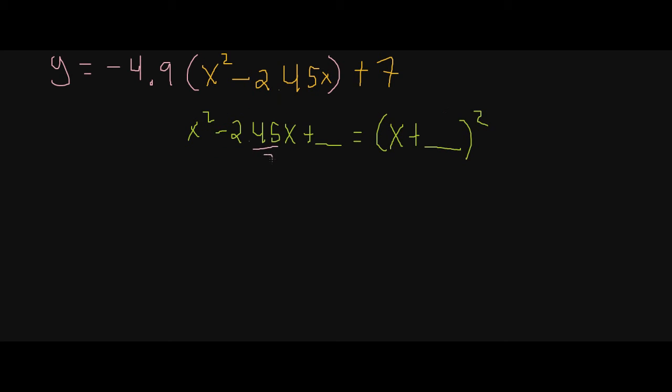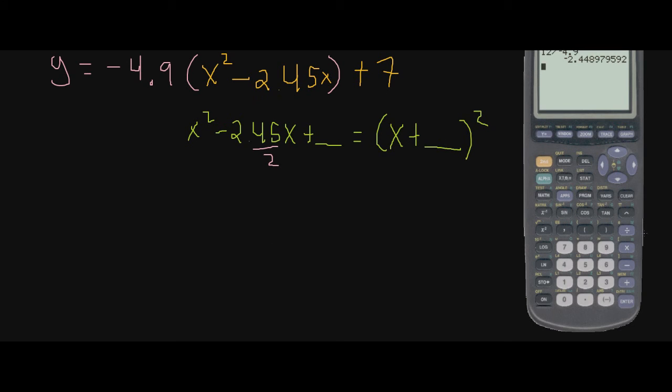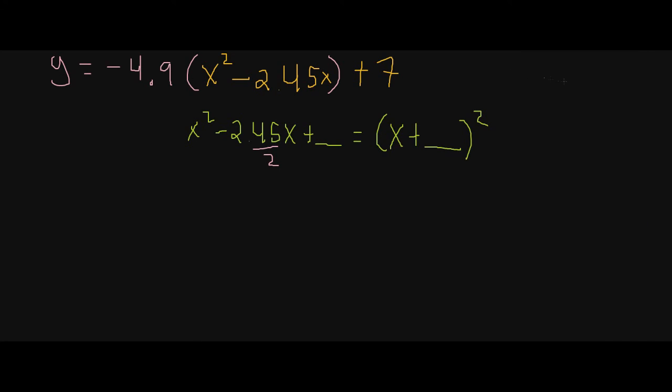We take this and we divide it by 2. So let me just pull out the calculator. We're going to get negative 1.224. So I'll just round down, negative 1.22. Okay. Last but not least, what do we do to this negative 1.22 to get this number here? Well, we multiply it by itself.